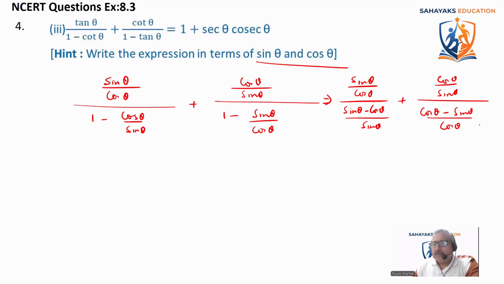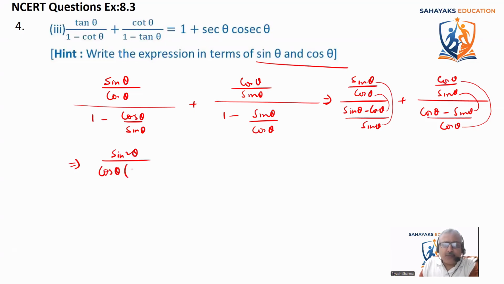So we know that this thing will multiply here, and this thing will multiply here, and so on. Okay. So it becomes sine square theta divided by cos theta into (sine theta minus cos theta), plus cos square theta divided by sine theta into (cos theta minus sine theta).